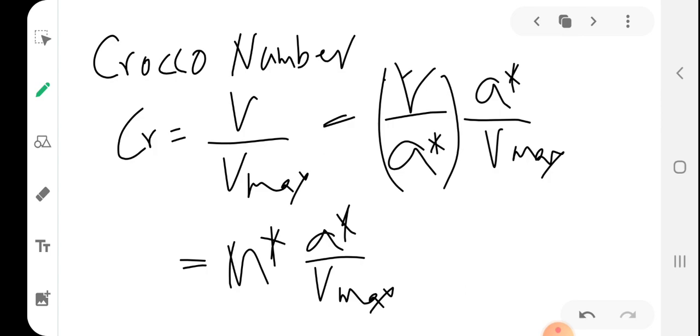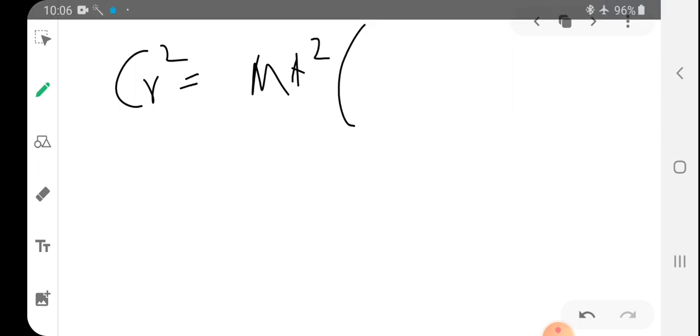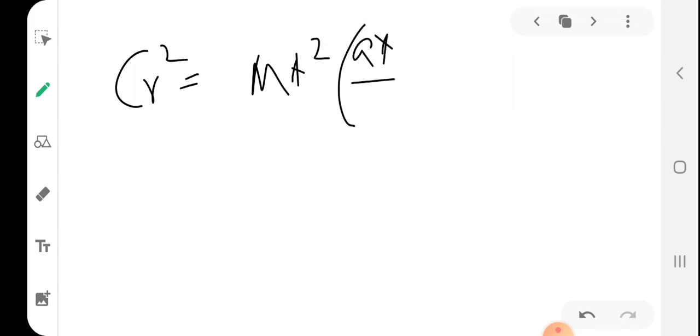Similarly, Crocco number squared, Cr squared, is nothing but M star squared into (a star by Vmax) squared.